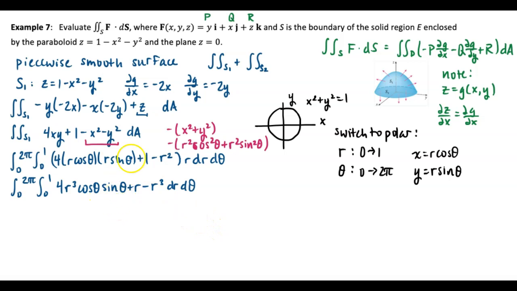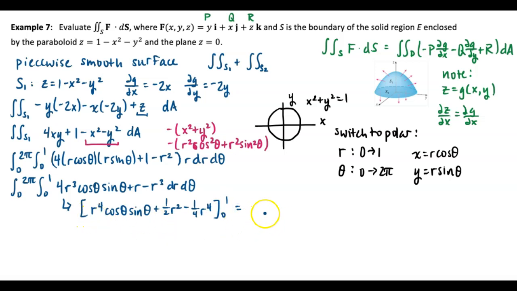And so now we can take this integral with respect to r, and this 4r cubed becomes an r to the 4th power. Cosine theta and sine of theta are just treated as constants in this case, plus a 1/2 r squared minus a 1/4 r to the 4th power as we go from 0 to 1.